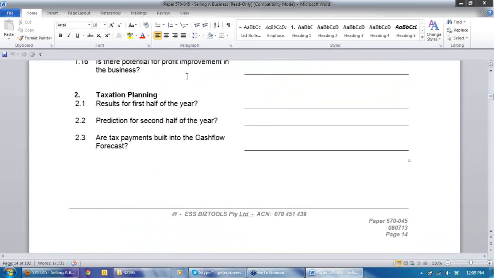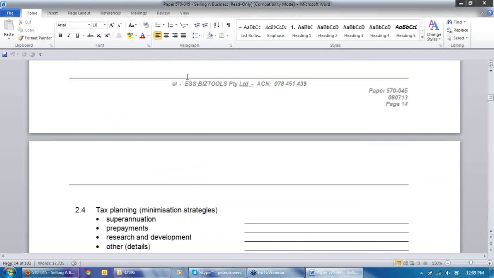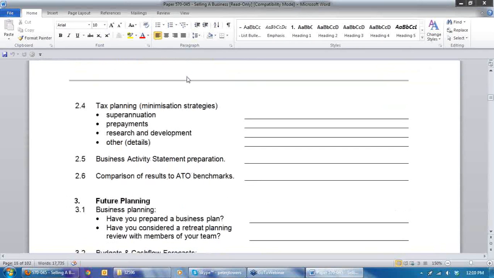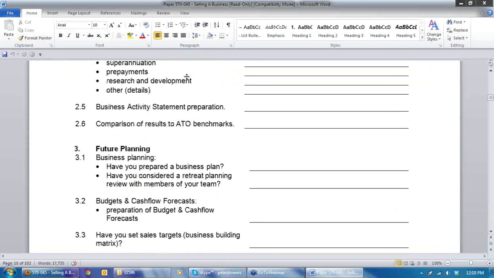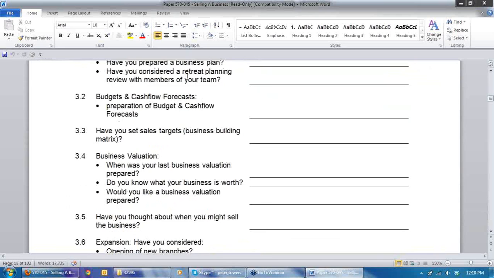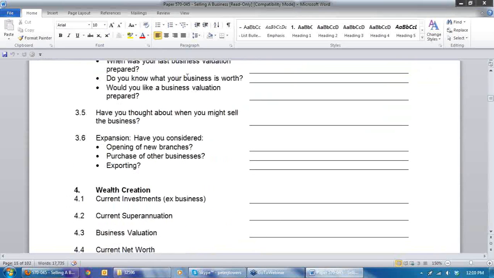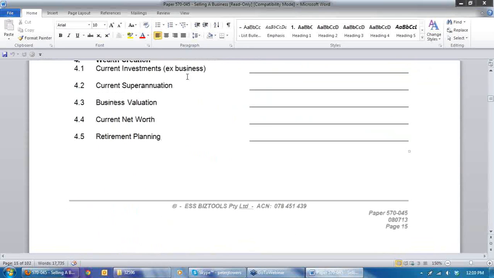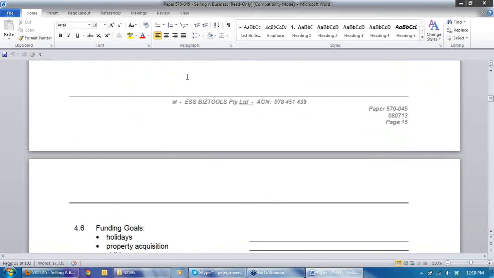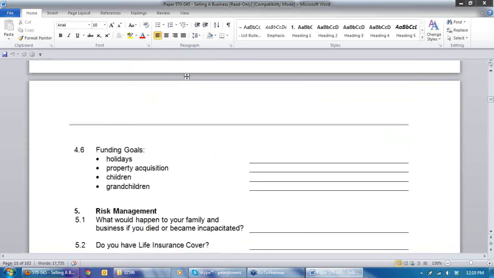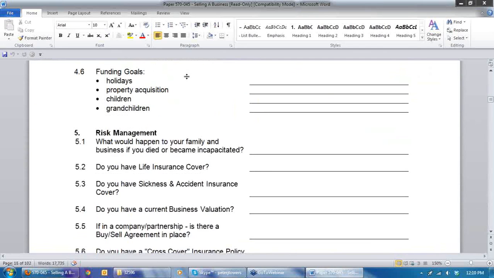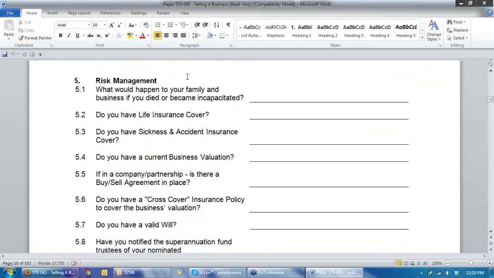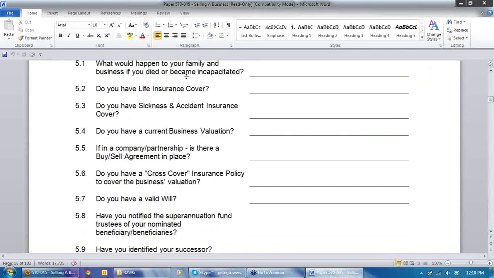So we start off by looking at the current business operations, then at taxation planning, and then we start moving into future planning, things like business plans, budgets, business valuations, wealth creation. And what you are trying to achieve by utilizing this document is for the client to have identified that these are some areas that they've got some concerns with.